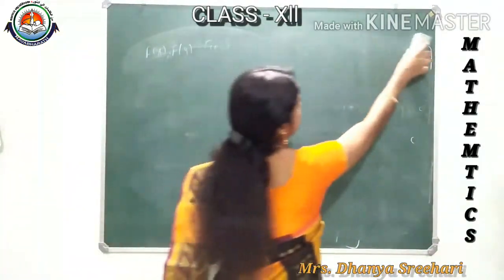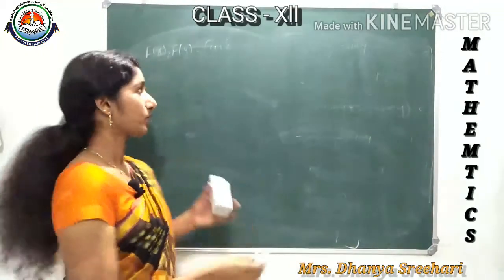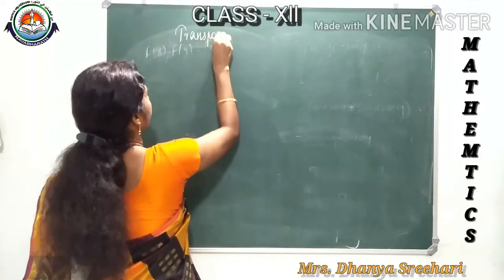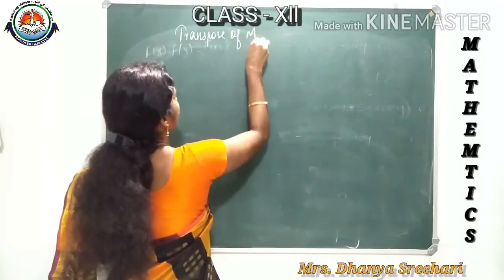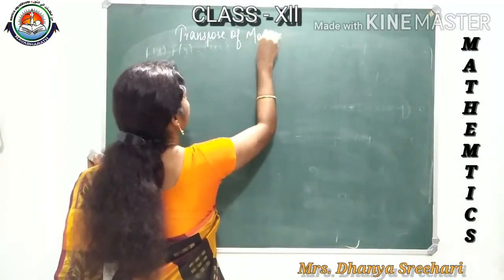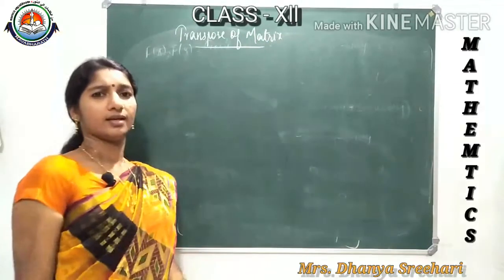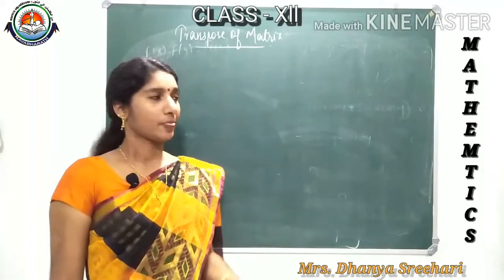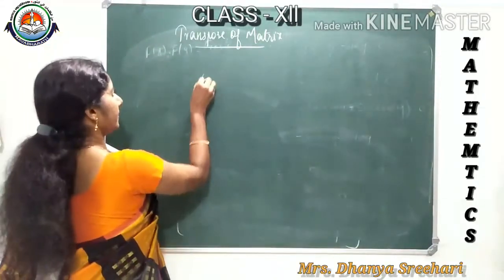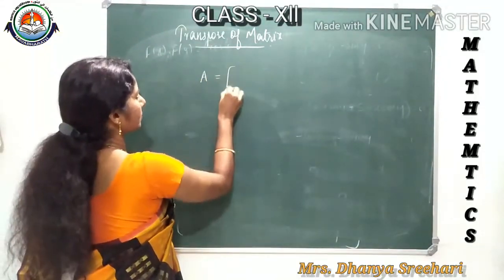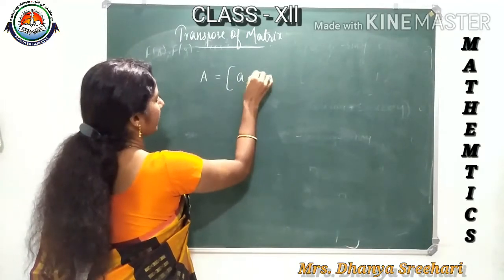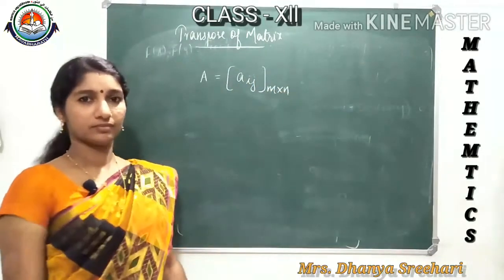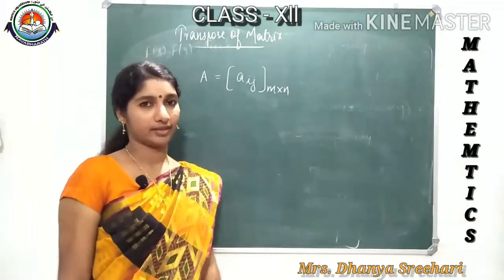Then the next one is coming, a new concept, that is transpose of a matrix. What is meant by transpose of a matrix? One matrix is given, matrix A is equal to matrix Aij of order m by n.